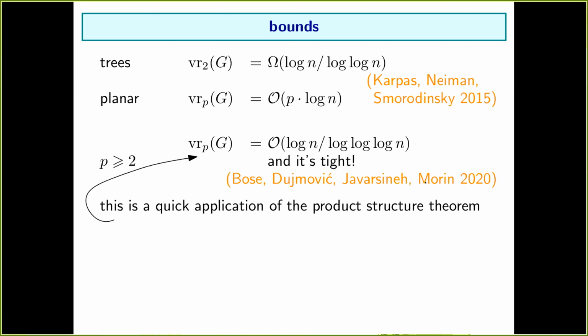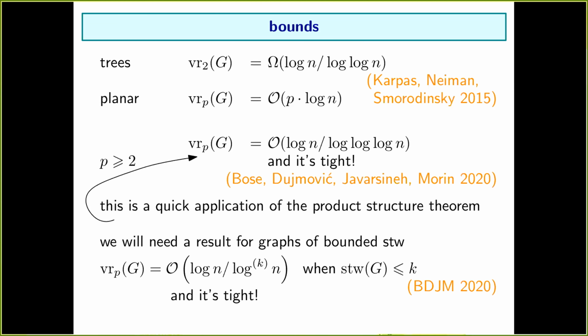And again, it's a quick application of the product structure theorem, and actually it's the very same outline. In order to succeed with it, you need the result for simple treewidth, and they did provide it. When simple treewidth is at most k, they provide the bound log n over k times the iterated log in the denominator. So we will apply it for k equals 3. That's why we have 3 logs, like here in this bound for planar graphs.